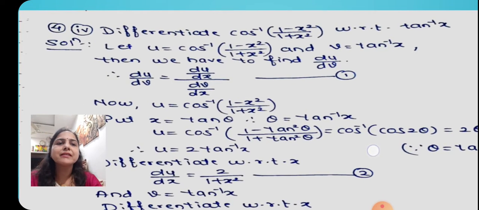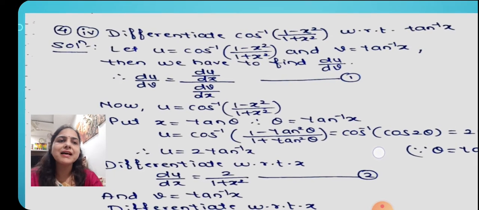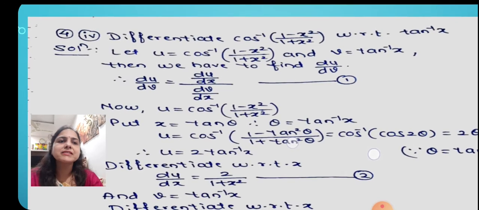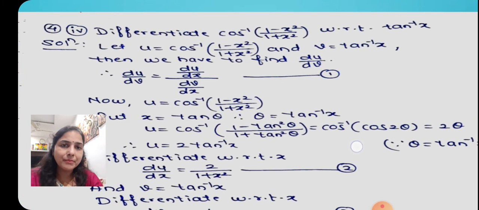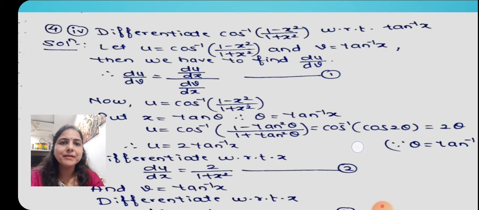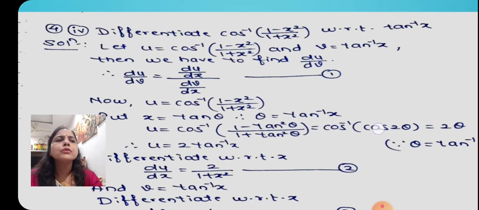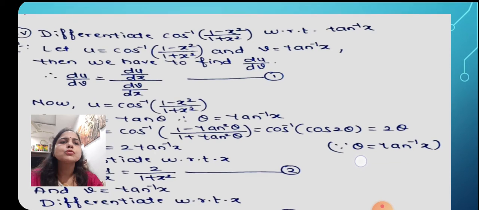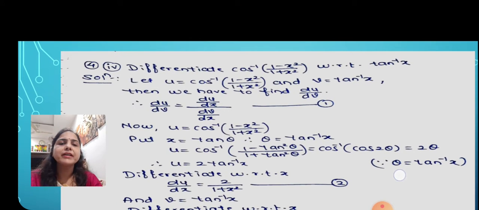So u is cos inverse of 1 minus tan square theta upon 1 plus tan square theta. We know the formula that 1 minus tan square theta upon 1 plus tan square theta is cos of 2 theta. We use that formula here. So this term becomes cos of 2 theta. So the whole term will be cos inverse of cos 2 theta.